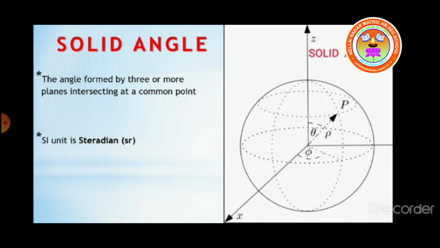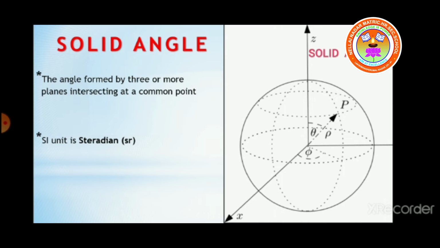It forms the angle between two planes only, one the z plane and the other the x plane. It is denoted by the symbol theta. This is taken as a plane angle. And see, one more angle is forming here. This is the x plane and this is the y plane, and in between one more plane is coming.